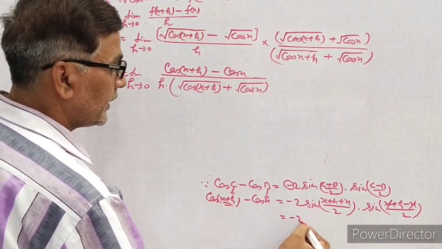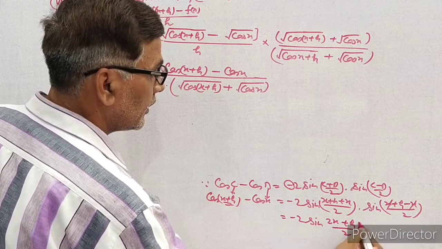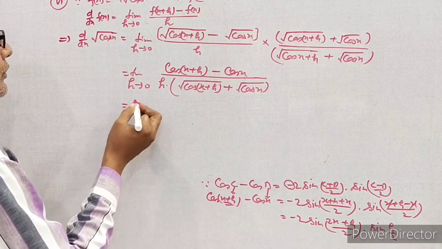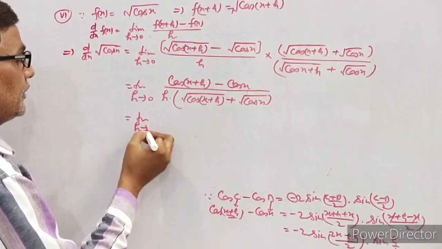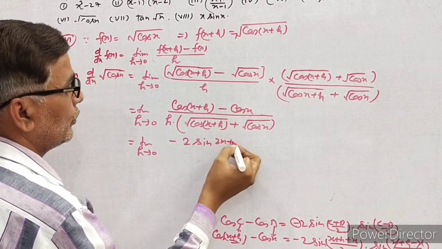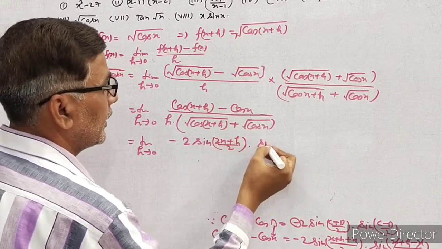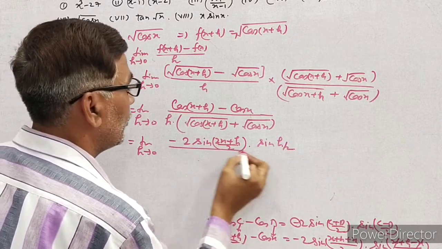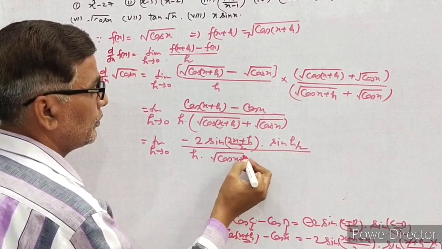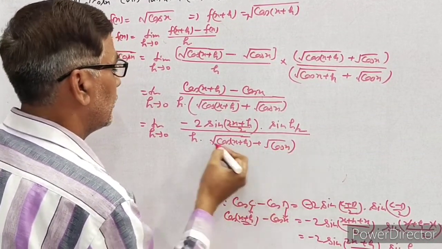We have here minus 2 sine ((2x plus h) upon 2) into sine (h upon 2). So we can write here limit h approaches to 0 of minus 2 sine ((2x plus h) upon 2) into sine (h upon 2) whole divided by h into (square root of cos (x plus h) plus square root of cos x).